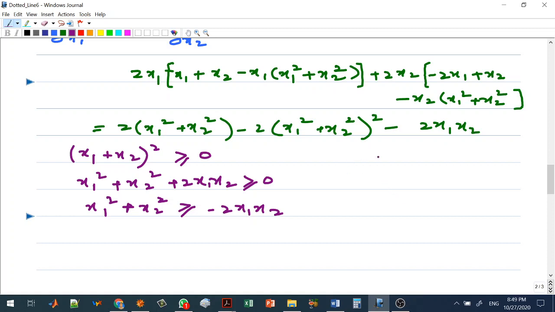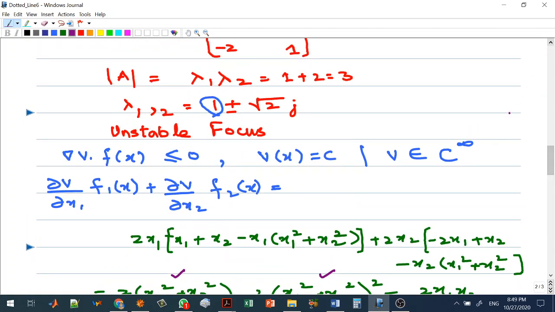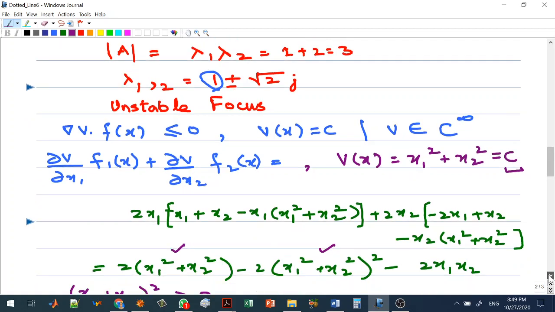So why did we do this? Because we had everything over here captured in the form of x1 square plus x2 square, and we did not write over here, but we were actually considering V of x equal to x1 square plus x2 square equal to c, and the aim was to find the value of this c for which the trajectories remain trapped inside this.